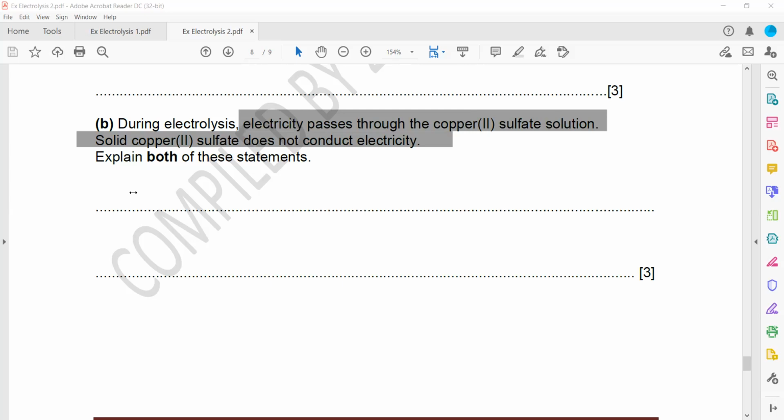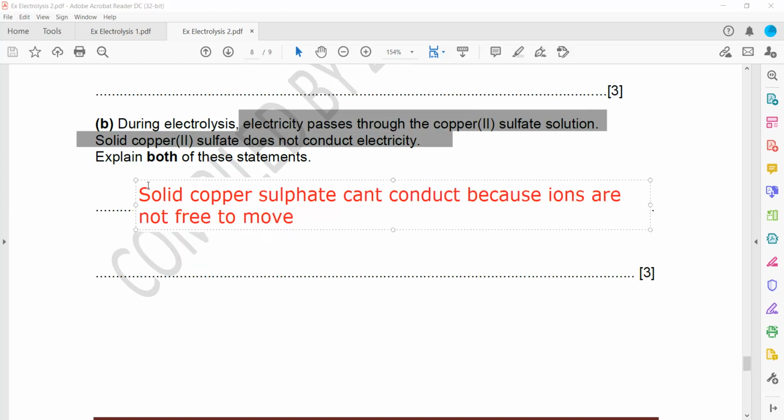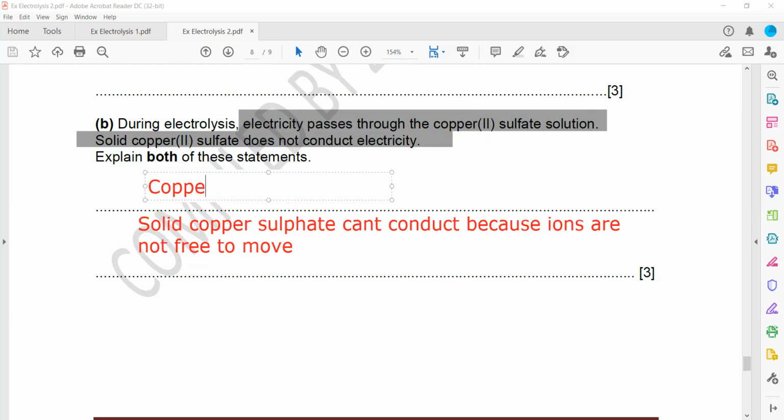So solid copper sulfate is an ionic compound and cannot conduct. And why can it not conduct? Because the ions are not free to move. So 1 mark is for mentioning that copper sulfate is an ionic compound.